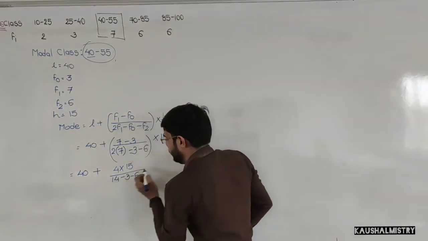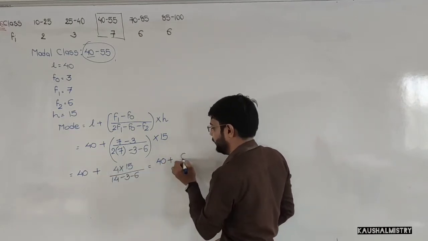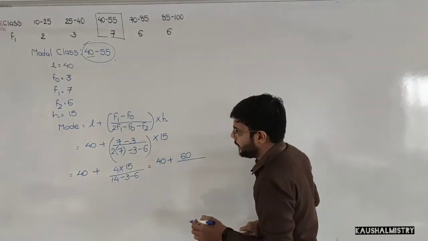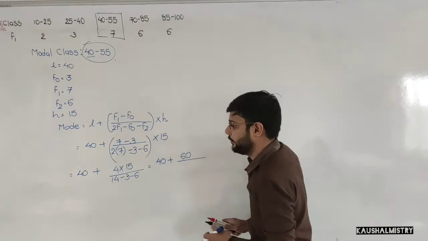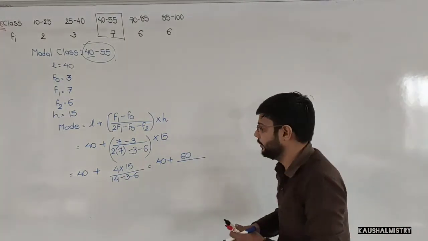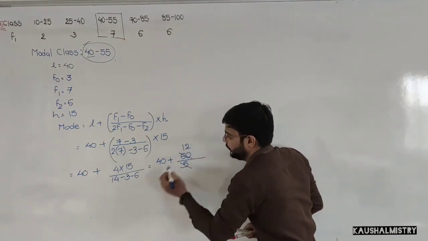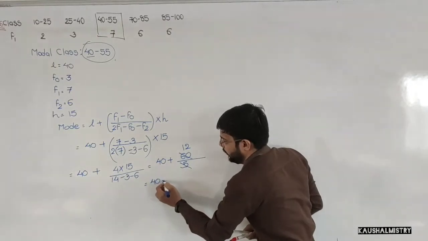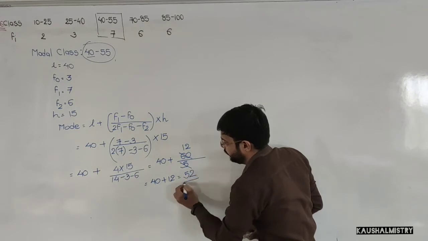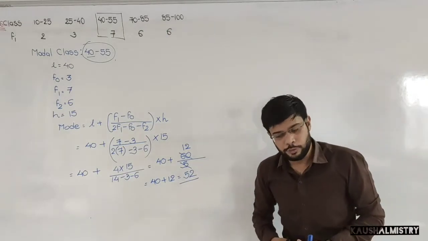So this will be 40 plus 15 4s are 60 upon 14 minus 3. 14 minus 3 is equal to 11. 11 minus 6 is equal to 5. So 12 5s are 60. So this will be 40 plus 12. So that is equal to 52. So mode of this sum will be 52, right?